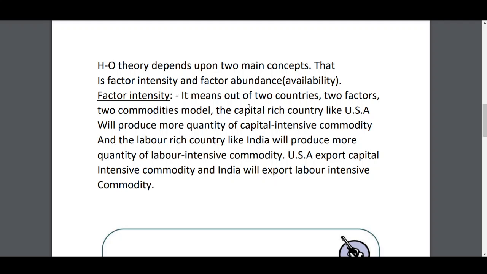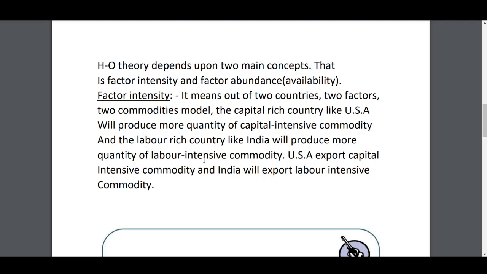It means out of two countries, two factors and two commodities model, the capital rich country, for example USA, will produce more quantity of capital intensive commodity, and the labor rich country, we can give the example of India, will produce more quantity of labor intensive commodity.